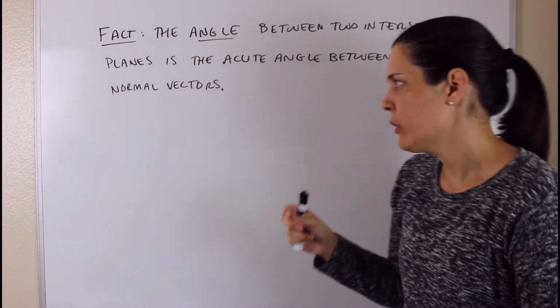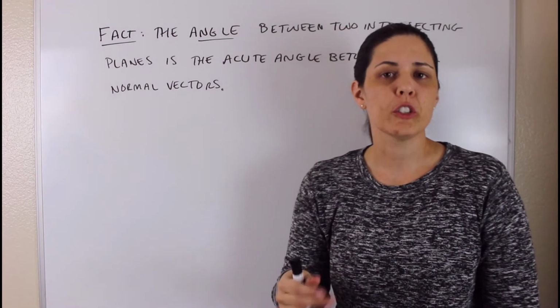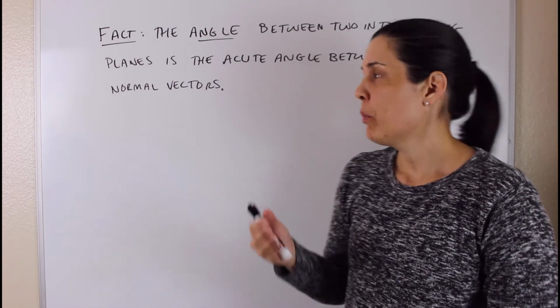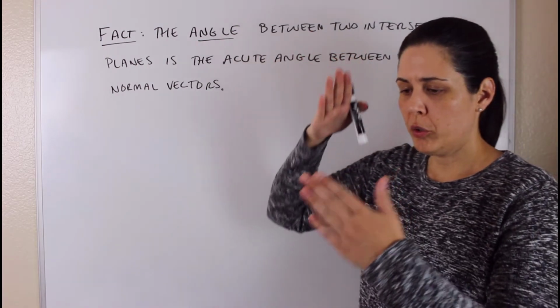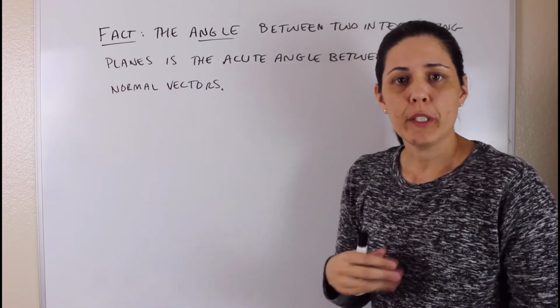Why this is interesting is because we've already calculated angles between vectors before. Even though we're talking about two planes intersecting, we can break it down into two vectors and the angle between them.